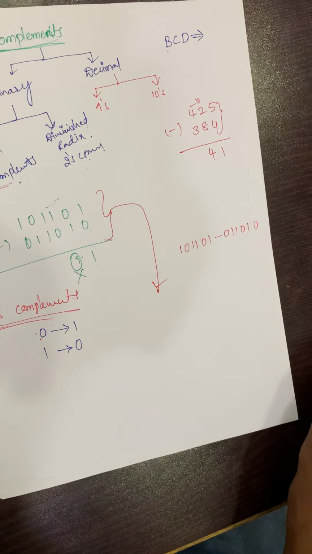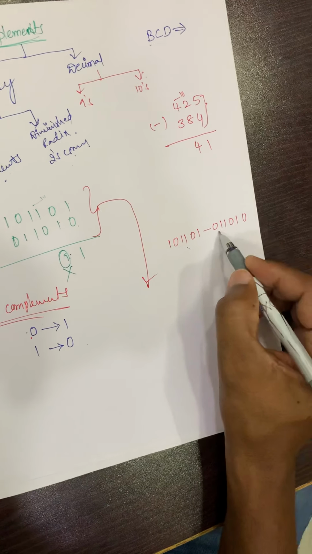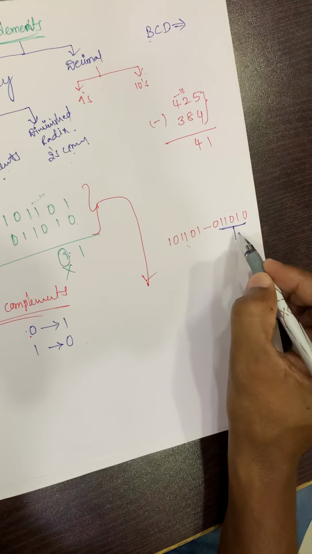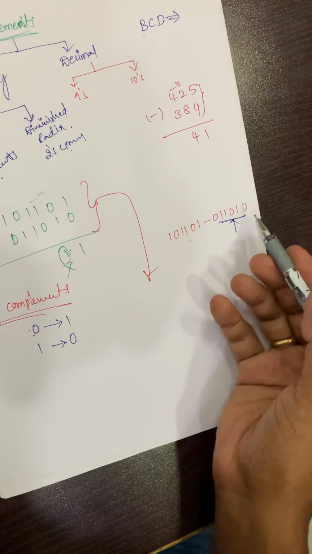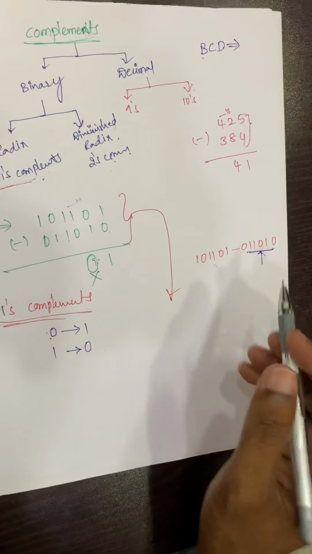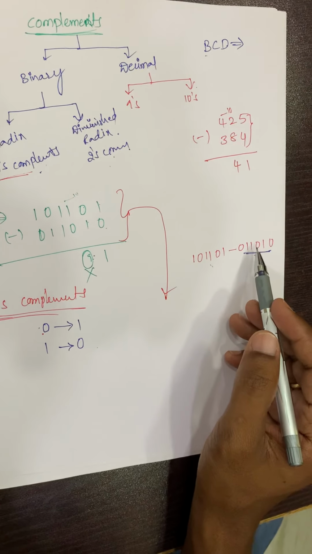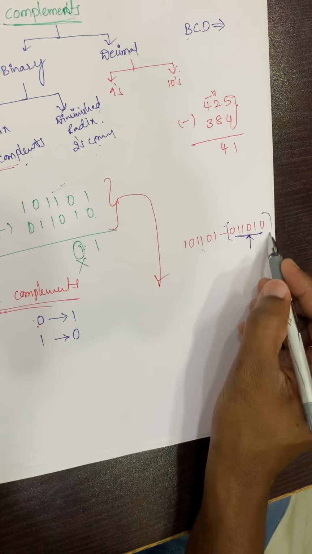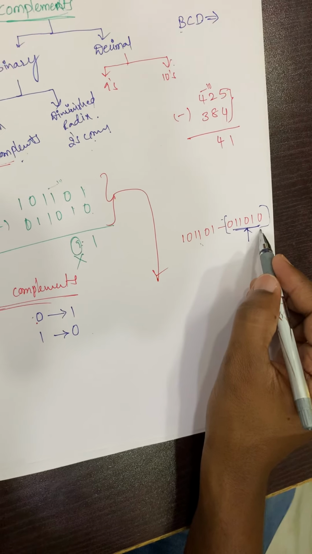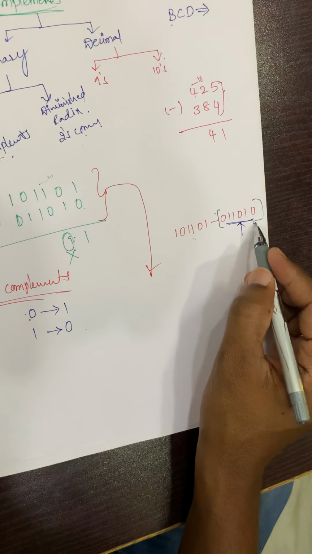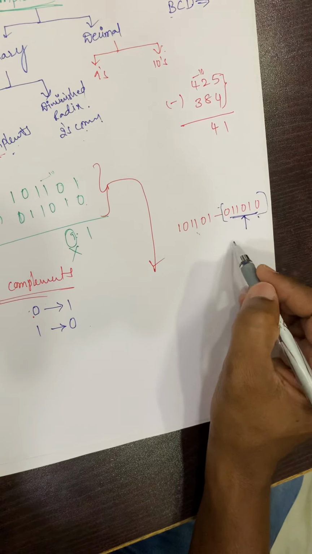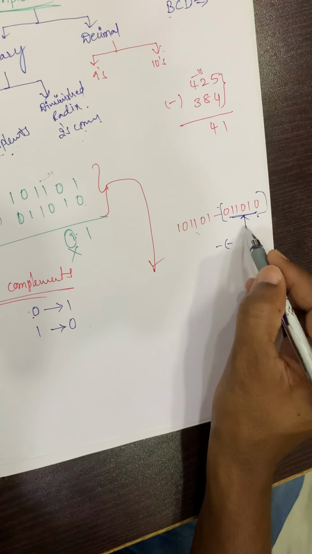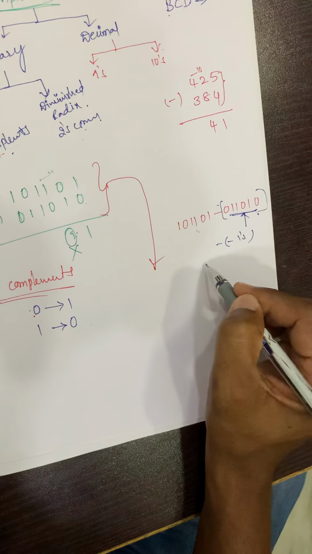Here, which one is the negative number of these two? This one. So we have to apply the complement to this number and then add. If you apply the complement, either one's complement or two's complement, it converts the negative number.